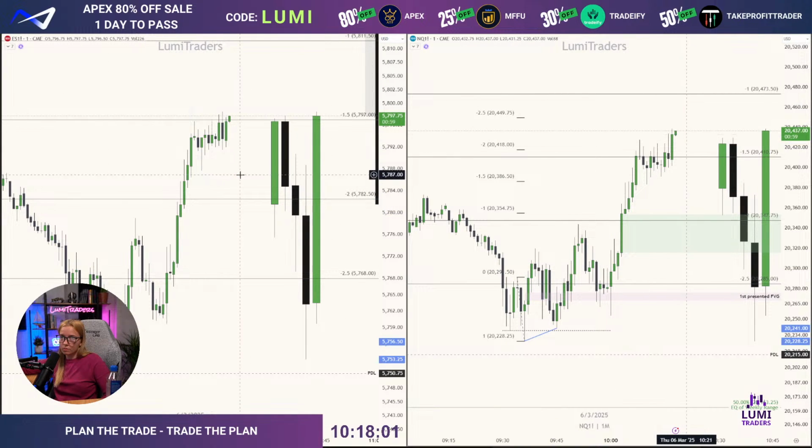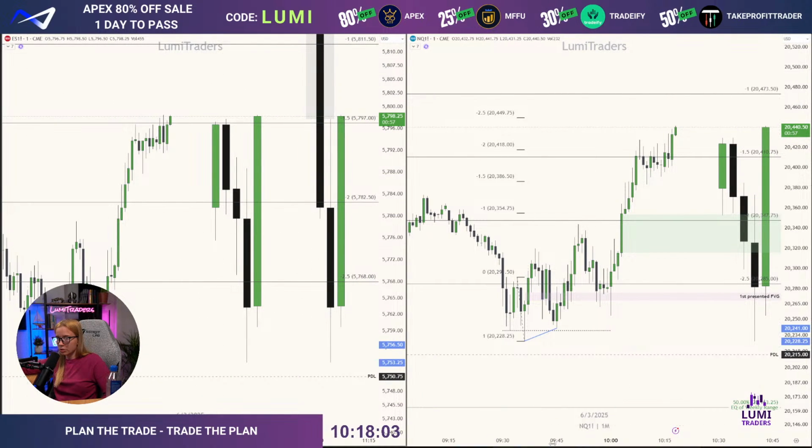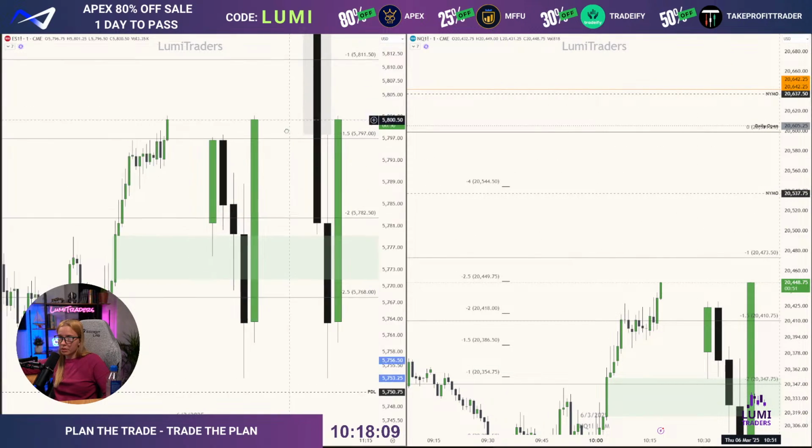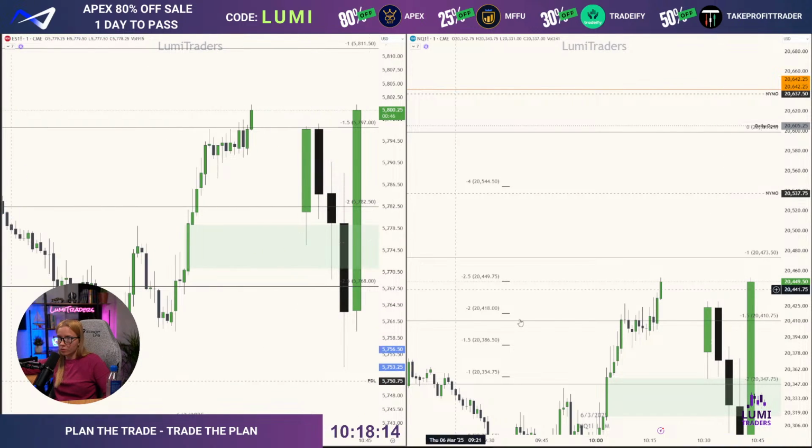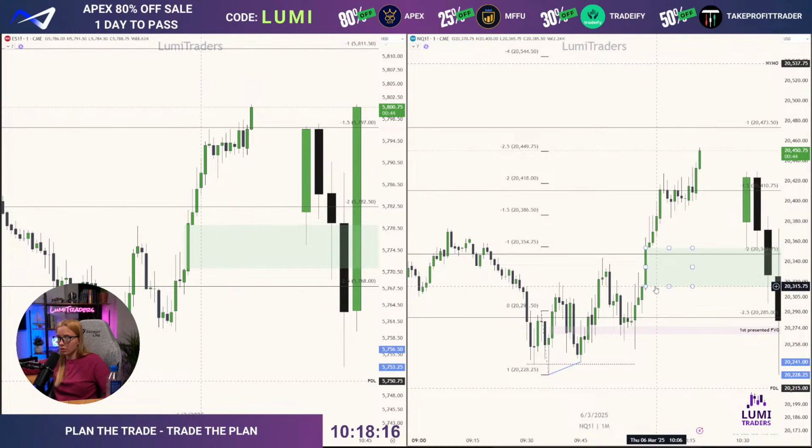So, same idea on ES. I want to see the retracement to 5-minute fair value gap, and long to New York midnight open. Once again, they're trying to fly without any retracements.